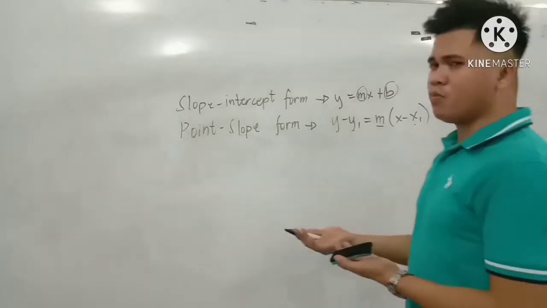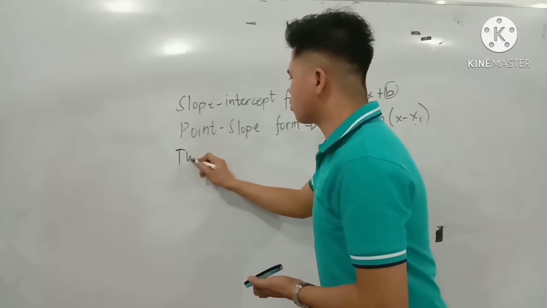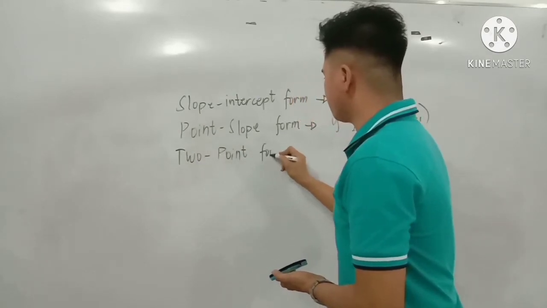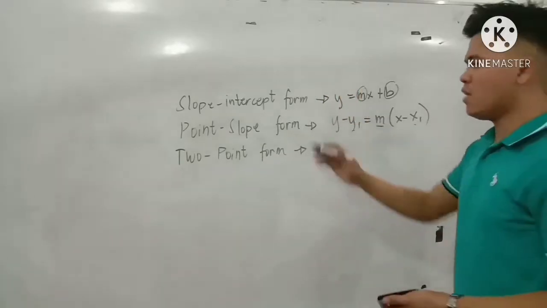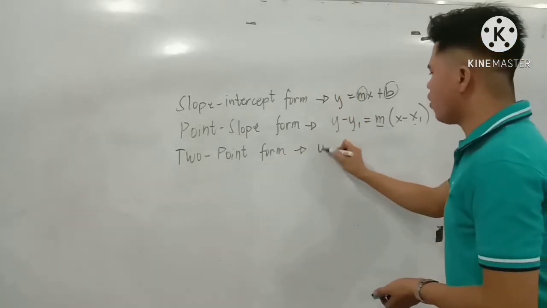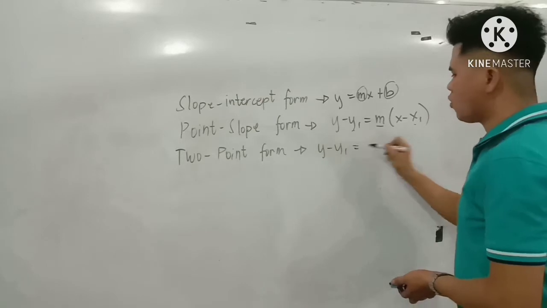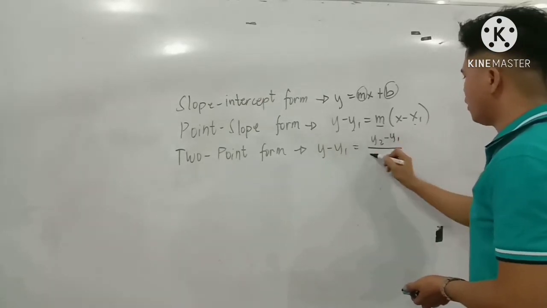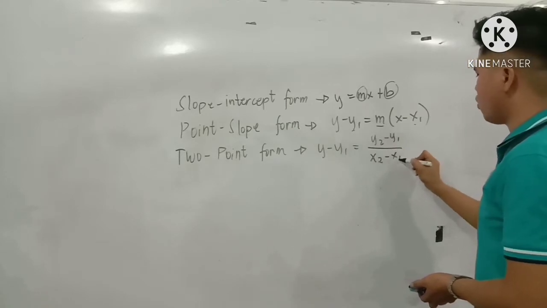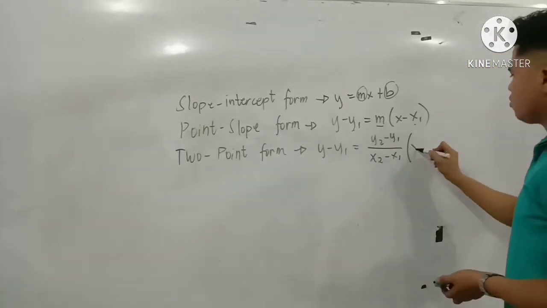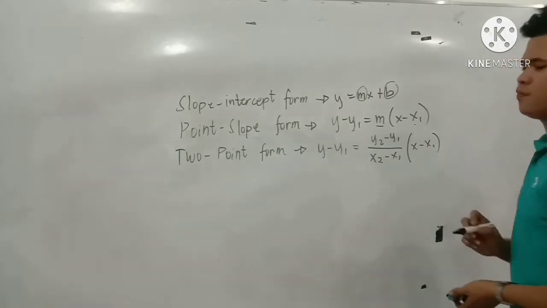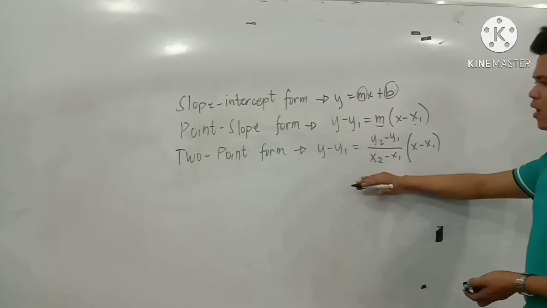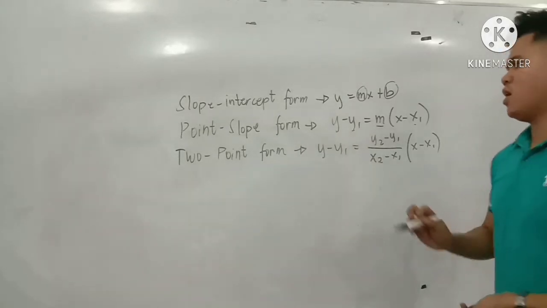The third form is what we call the two-point form. The equation of this form is y - y1 = ((y2 - y1)/(x2 - x1))(x - x1). Again, we can use this form if the given are 2 points.